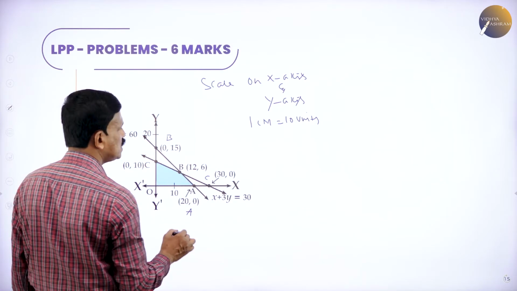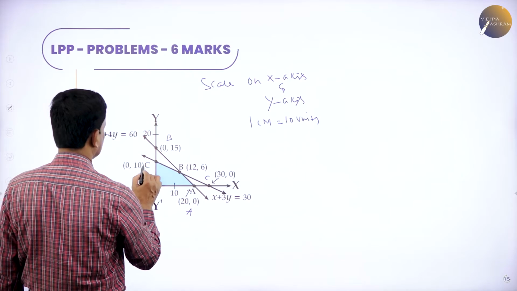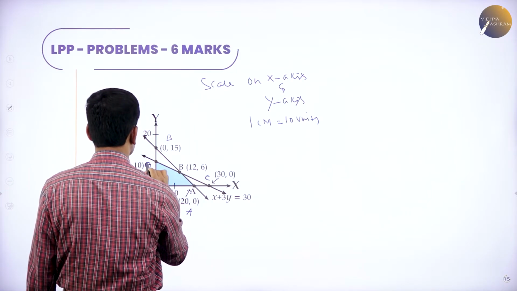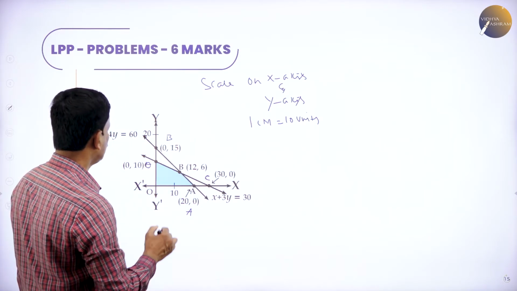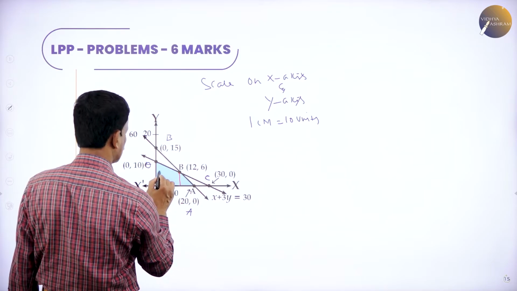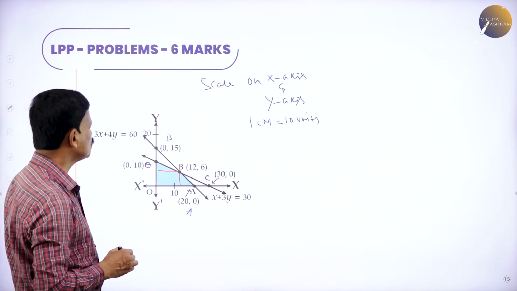And D, what is D? D is equal to 0, 10. This is D. Now, if you draw, exactly where it will cut, this is the point E, which is equal to 12, 6.